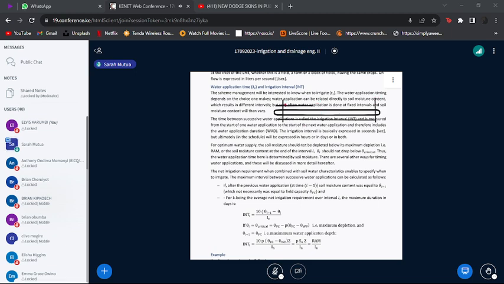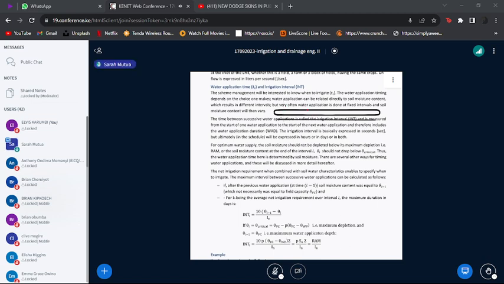So the irrigation duration is part of the irrigation interval. See where our irrigation interval starts and ends, so that the next irrigation time is going to be at the end of the irrigation interval, and the irrigation duration forms a subset of the irrigation interval.